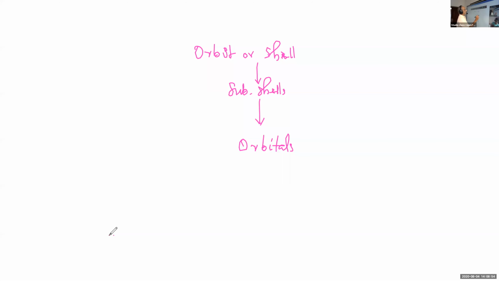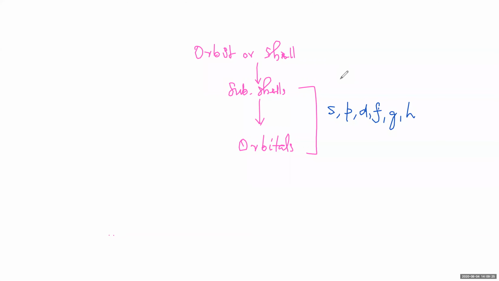The subshells and orbitals are named S, P, D, F, G, H, etc. These are the names given to the subshells and orbitals. S, P, D, F are the main subshells and orbitals.